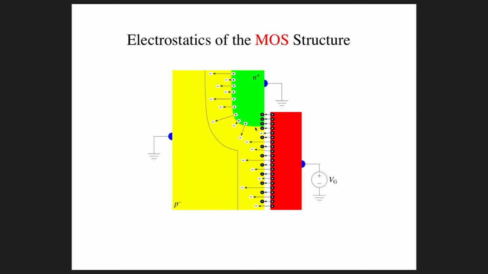And that being the case, it's more energetically favorable when we add an additional gate charge to drag more electrons in to counterbalance those gate charges than it would be to make the depletion region thicker.